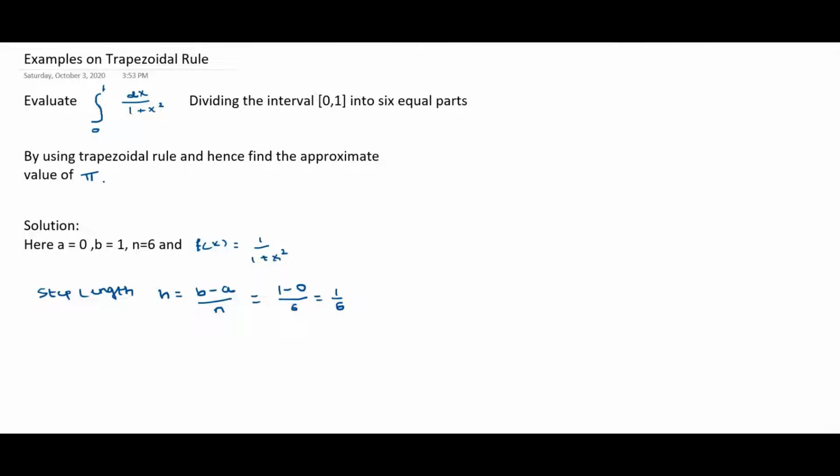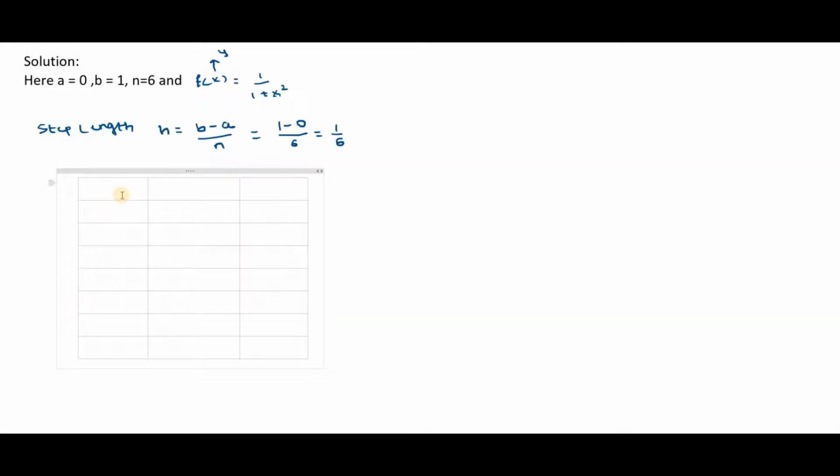Now we have to create a table, which means we have to find the value for y, and y is nothing but f of x. So y is equal to 1 divided by 1 plus x square. First I will write the value of x here, and here y is equal to f of x.